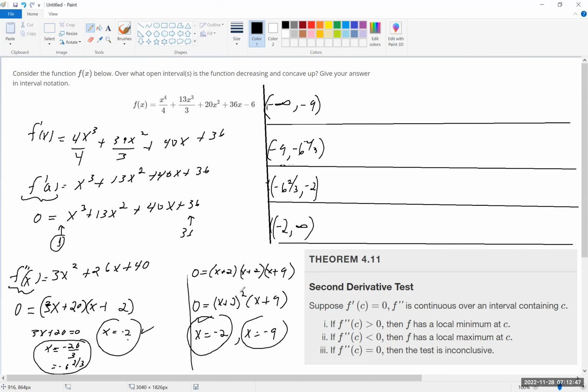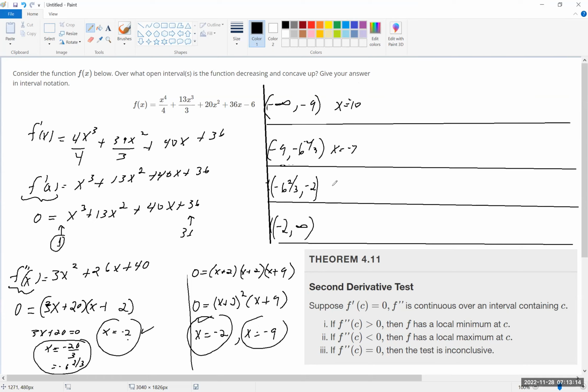All right, so now I need a value inside each of those intervals. I think we can keep that. So x equals -10 is easy to work with. x equals -7 might be easy to work with.